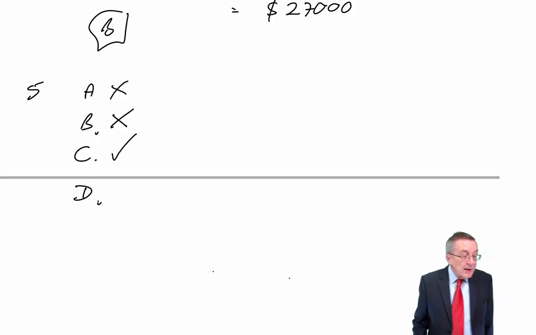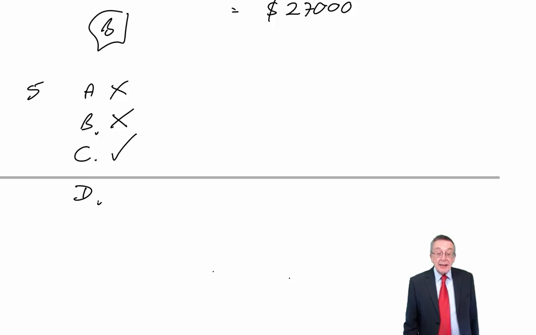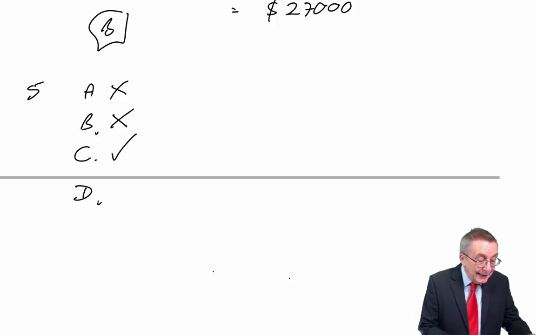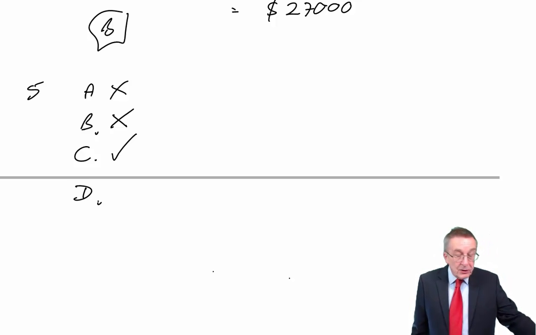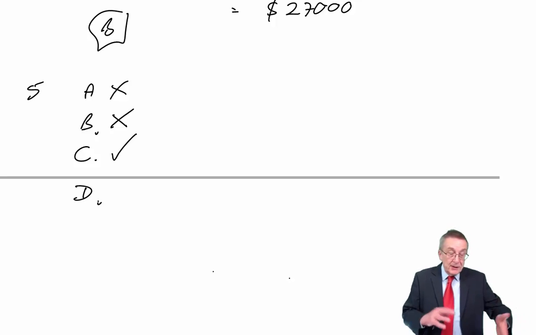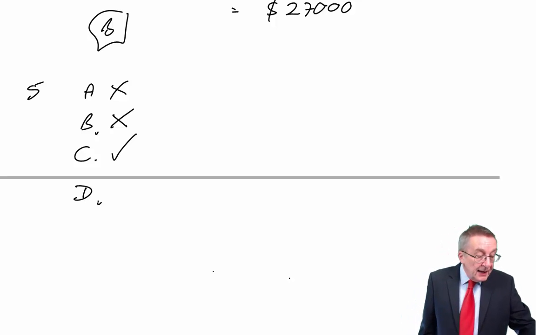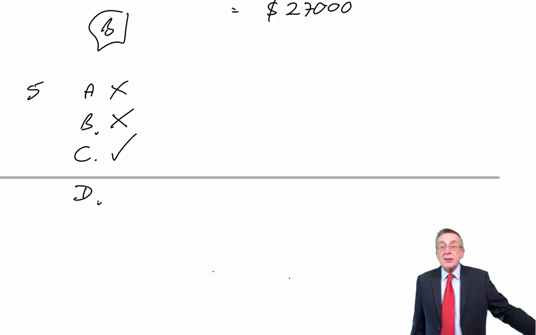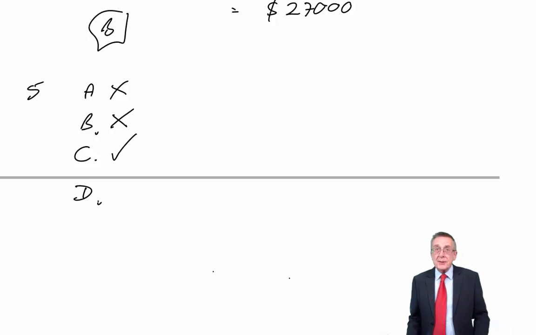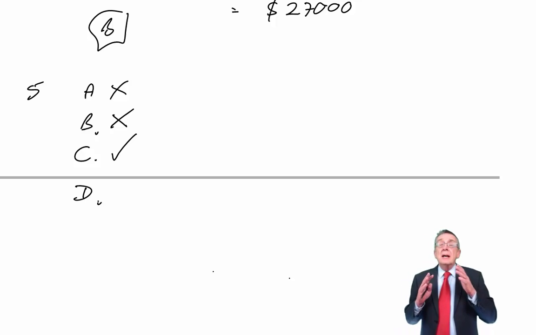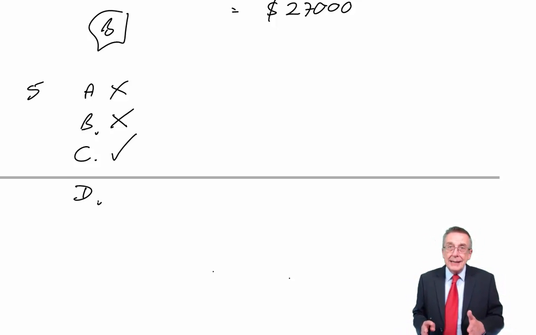Finally, D, differences in geographic areas. Well, no, it shouldn't be allowed for. It should be allowed for. I'm reading the thing back to front. The government one has to deliver all around the country. Presumably, as a result, they're going to have greater costs than the private one that's just delivering in the capital city.